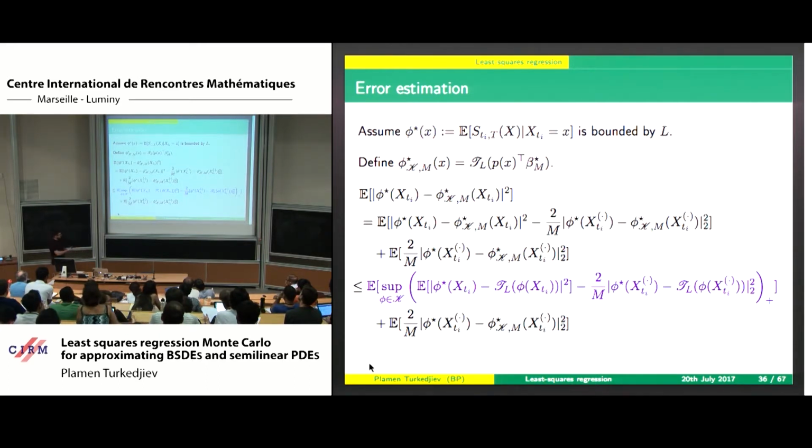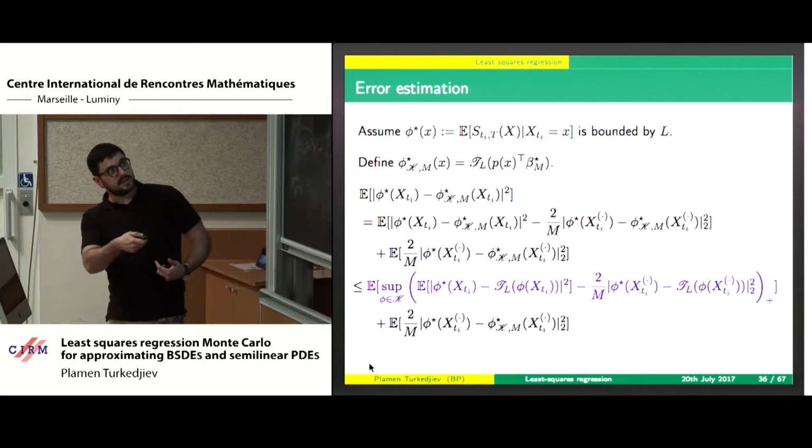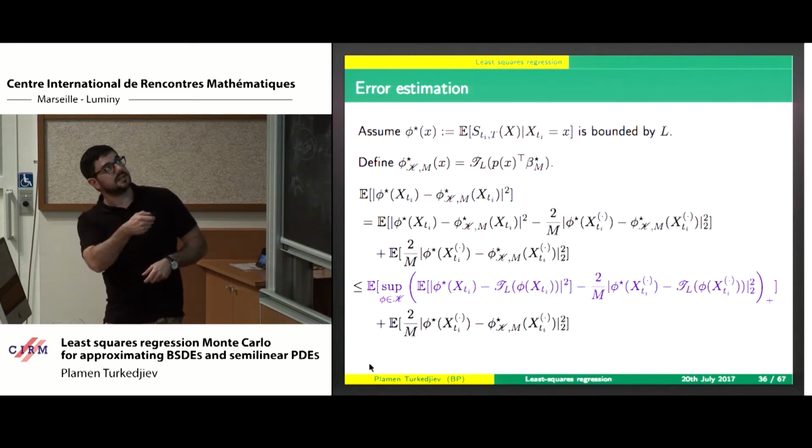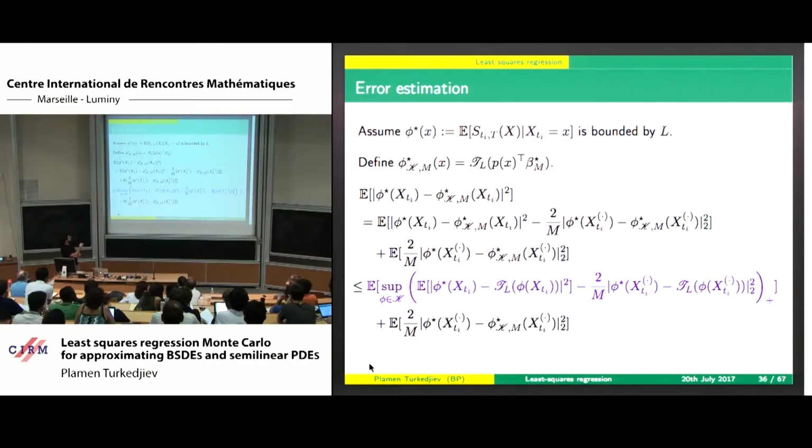And to truly estimate this term, rather than looking at the perfect function phi star computed from the least squares regression, I have to take the supremum over all of the possible functions phi in my linear space. I've also snuck something in that maybe some of you have noticed: I've made the assumption that the optimal solution is bounded.